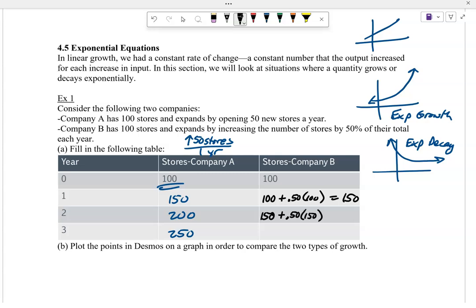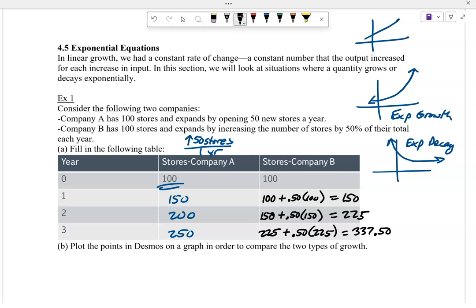So 50% of the 150. Well, 50% of 150 is 75. So I got 150 plus 75, we got 225 stores. And so then end of year 3, we'd have 225 and 50% of that 225. And that ends up being 337 and a half. So about 338 stores. Okay.